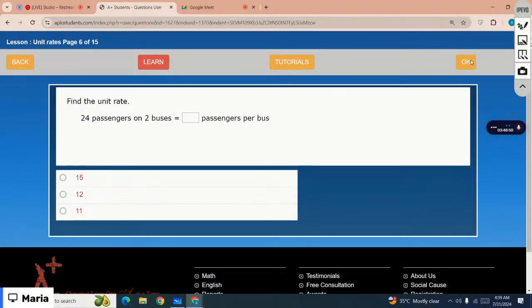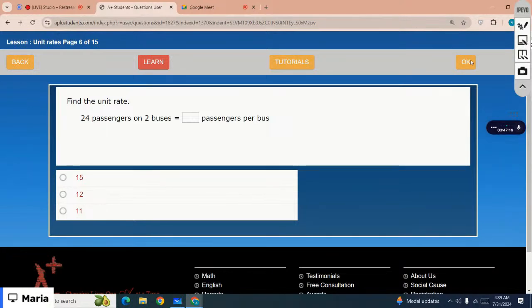So how many passengers on one bus? The correct option is 12 passengers per bus.